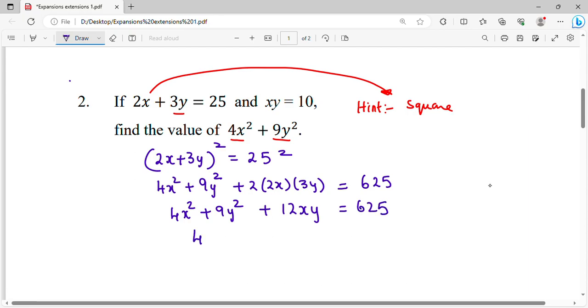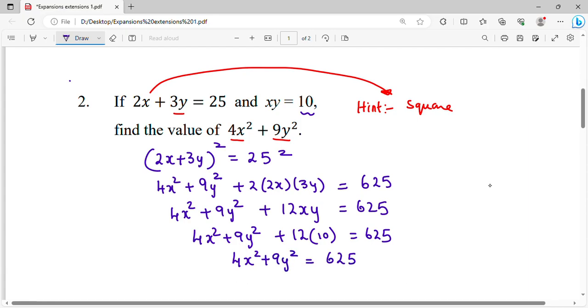In other words, 4x squared plus 9y squared plus 12 multiplied by xy, and xy is nothing but 10. I only need this. So 4x squared plus 9y squared is equal to 625 minus 120, which is 505. So that would be the answer for 4x squared plus 9y squared.